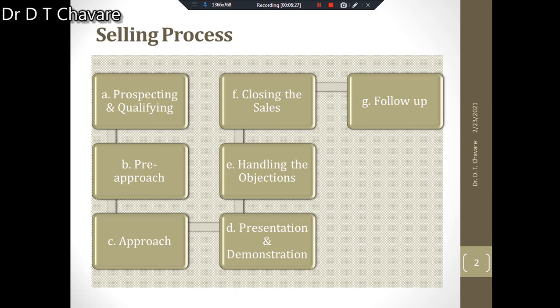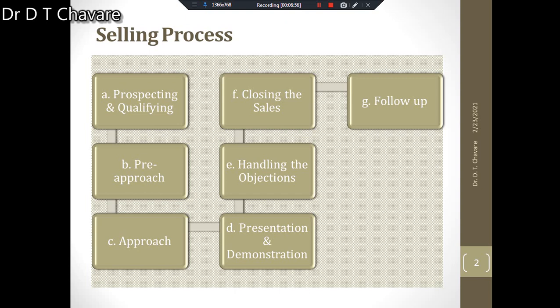First stage is prospecting and qualifying. Second is pre-approach. Next, approach. Next step is presentation and demonstration. Then handling objections. Then closing the sale, and last, follow-up. These are the different stages you have to follow in the selling process. We have to study in detail, step by step, one by one.